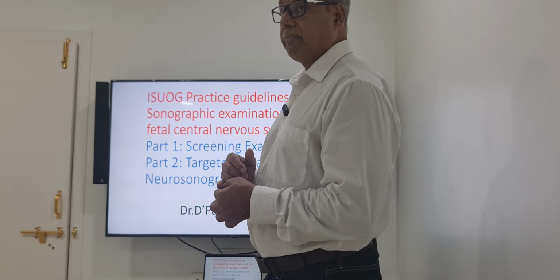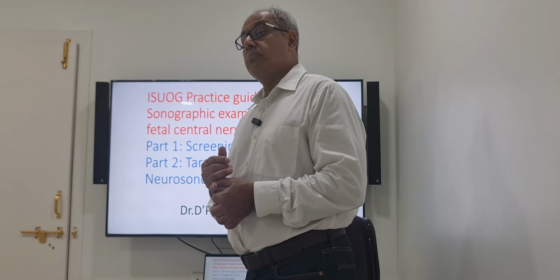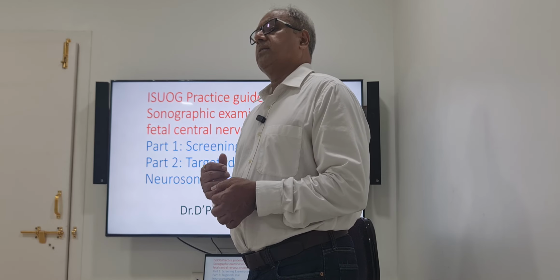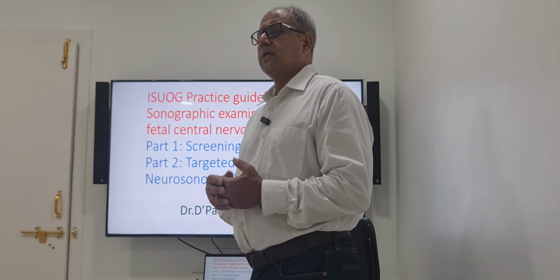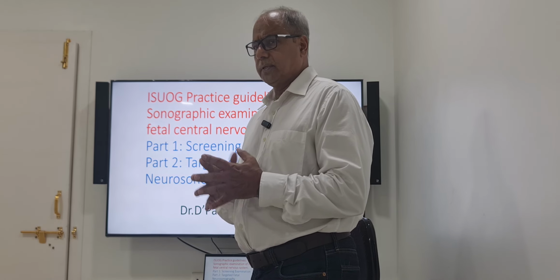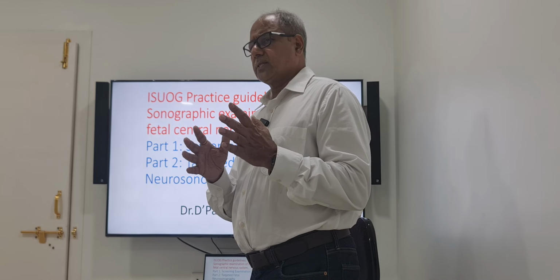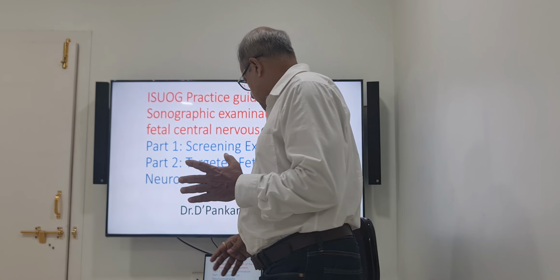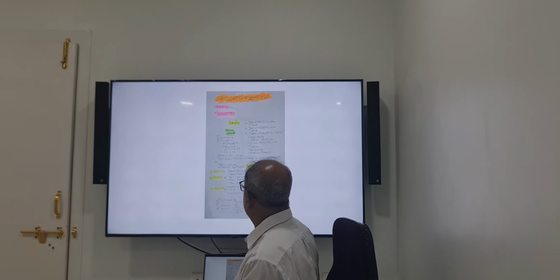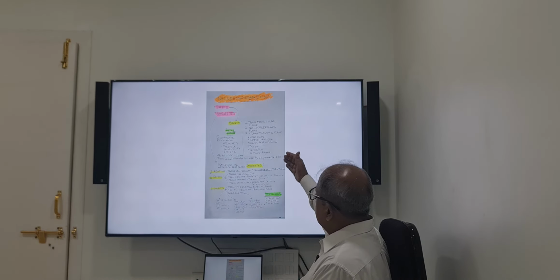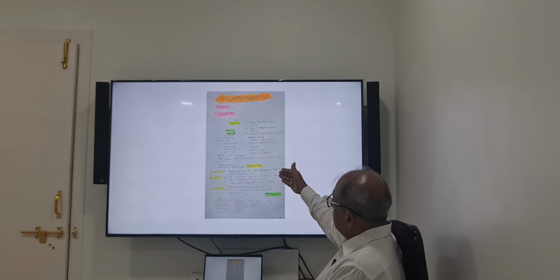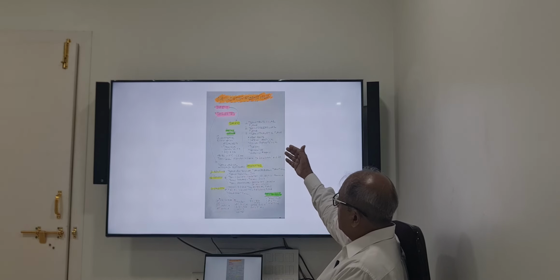For targeted fetal neurosonography, you have to know about the brain, its structure and its development, and with different methods and sections, the whole brain and the spine are examined. This is the basic crux of the ISUOG guideline, and I made a very simple list of where we should go and what is to be seen.